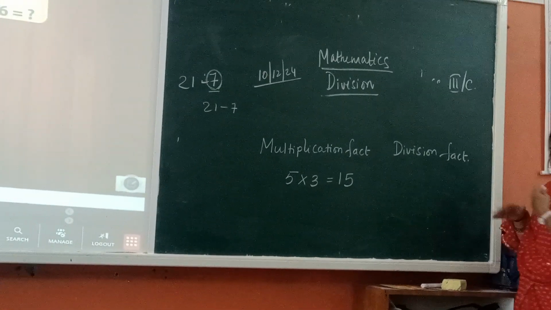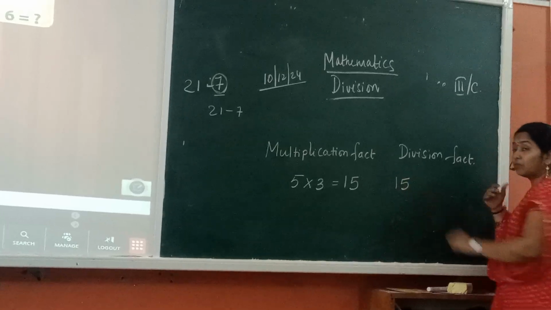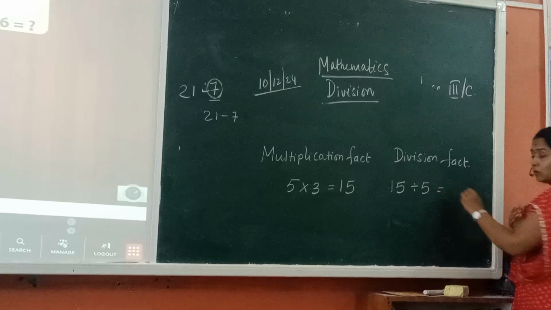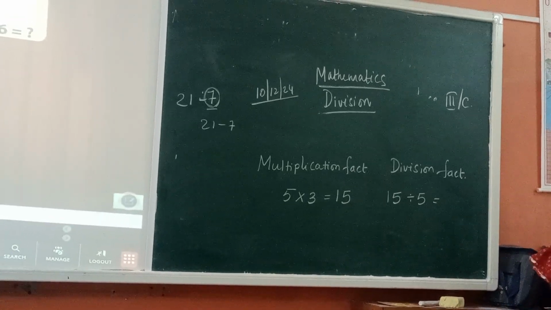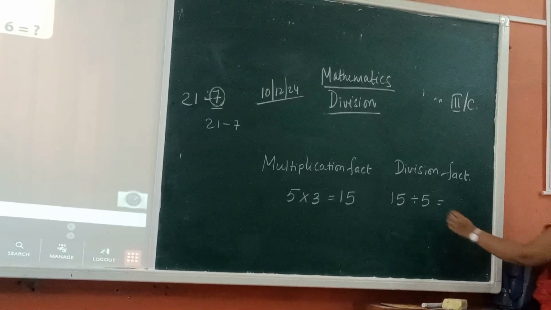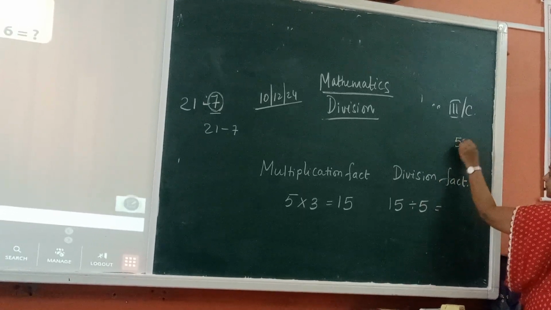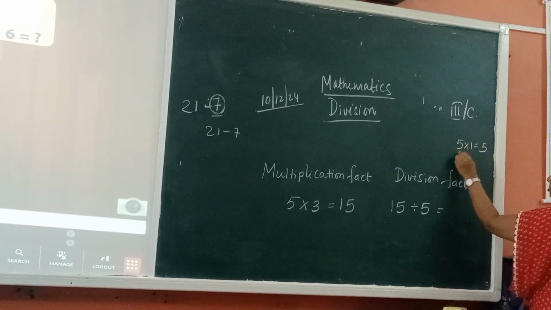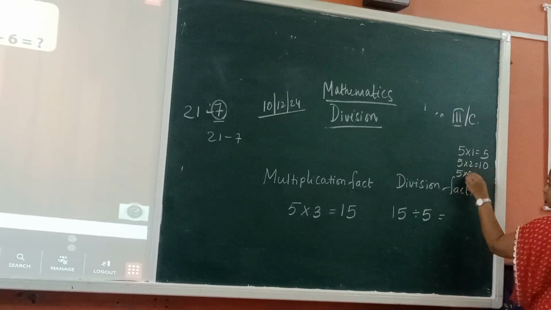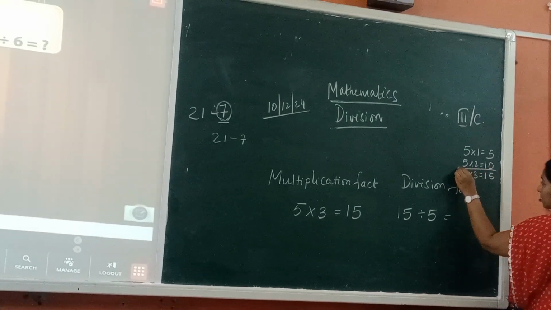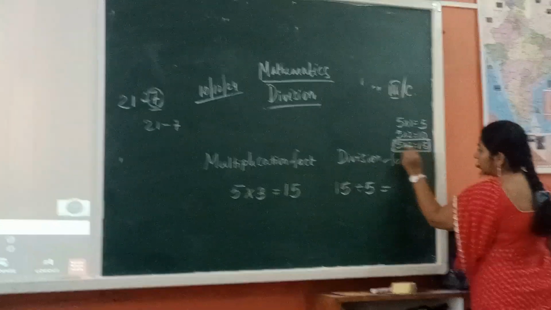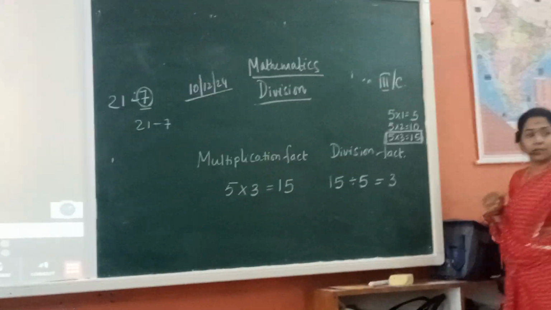Now, if I want to divide 15 soldier toys among 5 friends, how will you do it? You will do equal distribution, or repeated subtraction, or you can read the 5 table. What is the 5 table here? Can you say the 5 table? 5 3s are 15. So 15 divided by 5 is how much? 3.